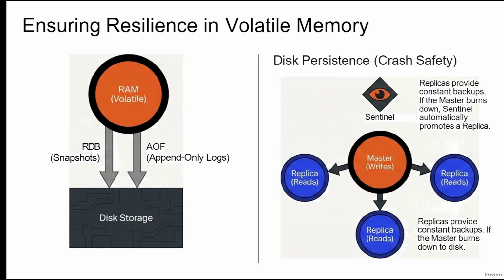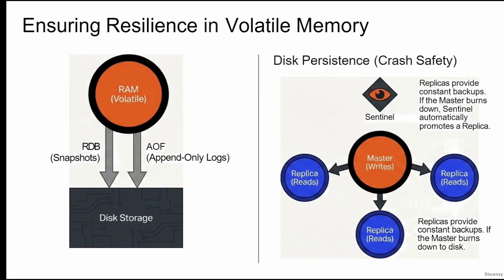Ensuring resilience in volatile memory, right? Resilience in the sense of staying for a long duration, how resilient it is, right? So we're going to discuss disk persistence and replicas. Now, what do we mean by replicas? Replicas are duplicates, to explain in simple words, right? Replicas provide constant backups, right?